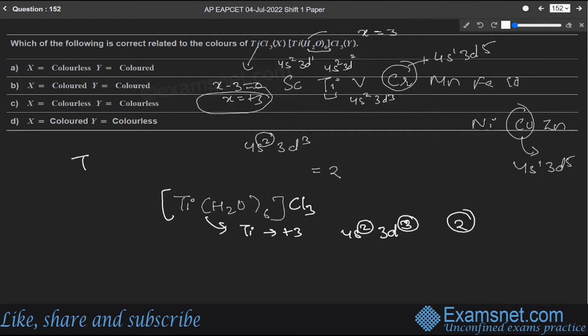And let me tell you, titanium always comes as a violet color. This is an extra point for further questions as this question comes.